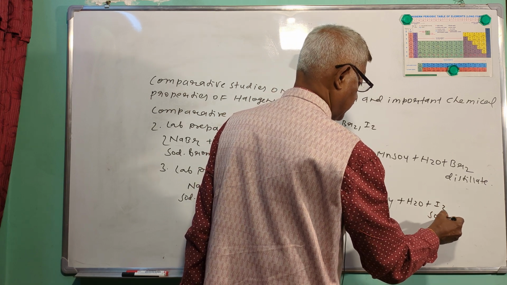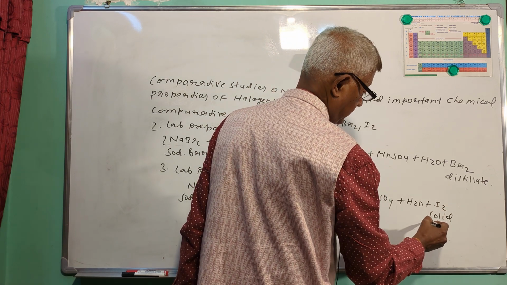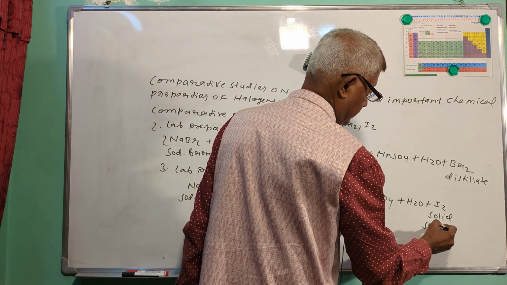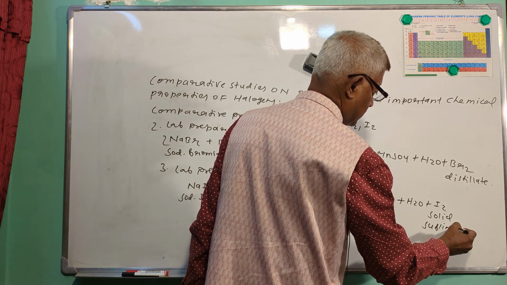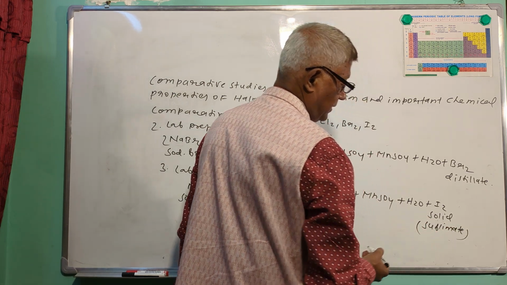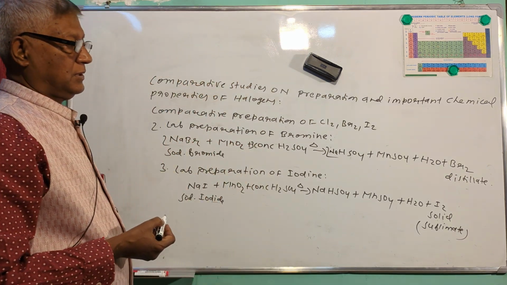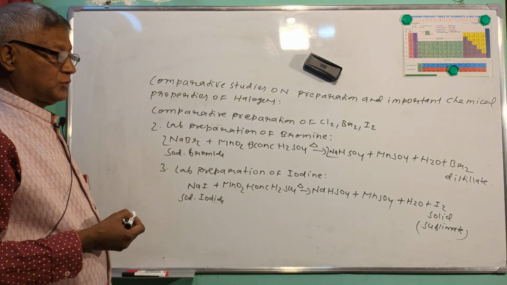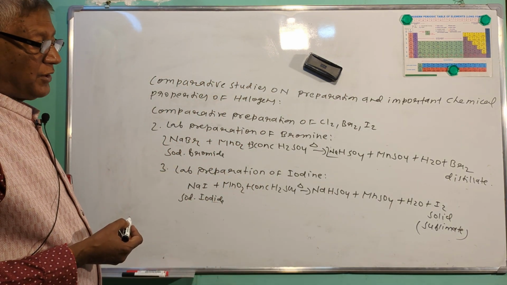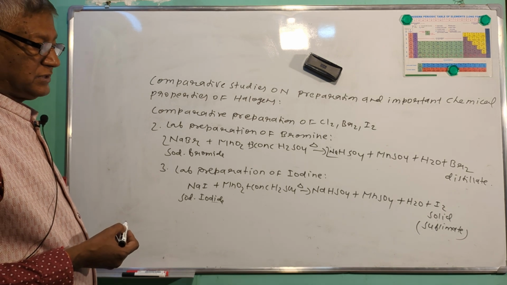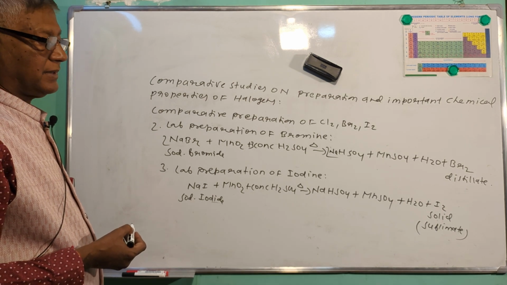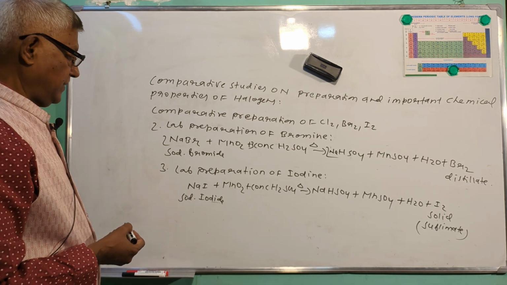That is solid. What is it? Sublimate. Sublimate: when solid is heated, changes to vapor and vapor is cooled, what we get? Solid again without any change in its chemical composition is known as sublimate. Yes.